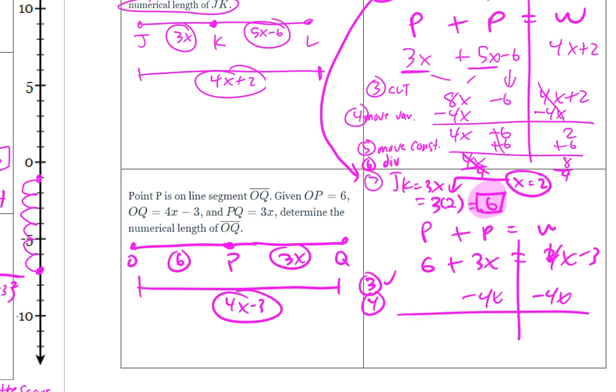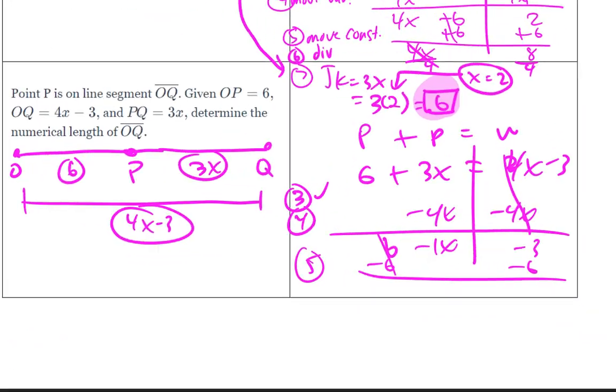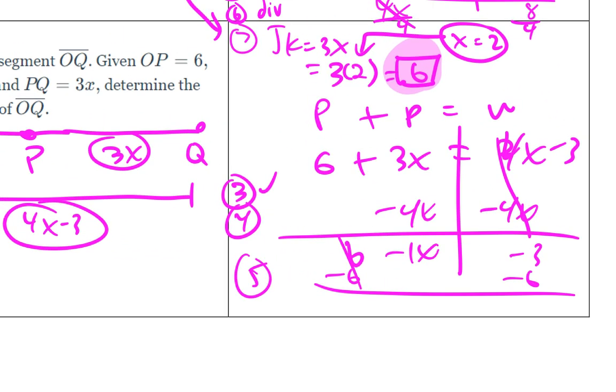That gives us negative 1x. Then we bring down the 6, and the 3x cancels out. We have negative 3. Step number 5, we move the constant. The opposite of 6 is negative 6, and that cancels out. The result is negative 1x equals negative 9.